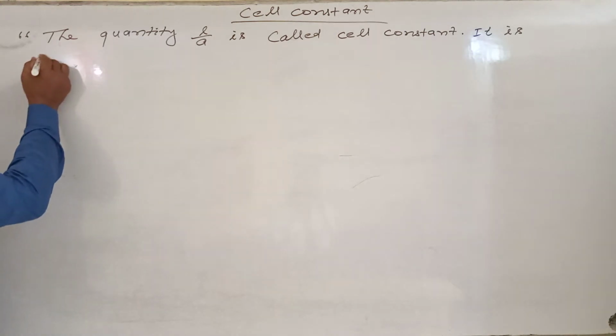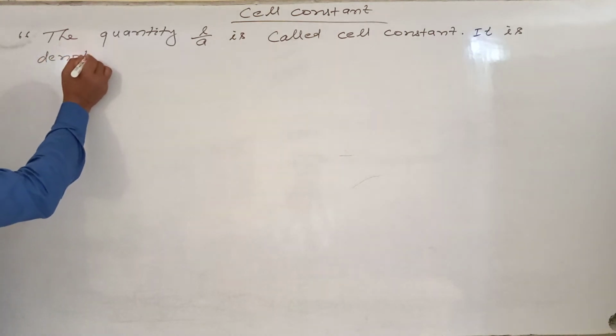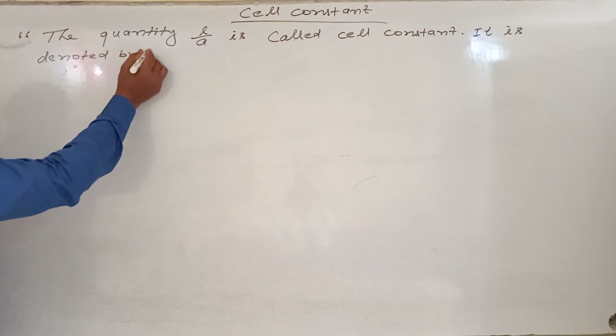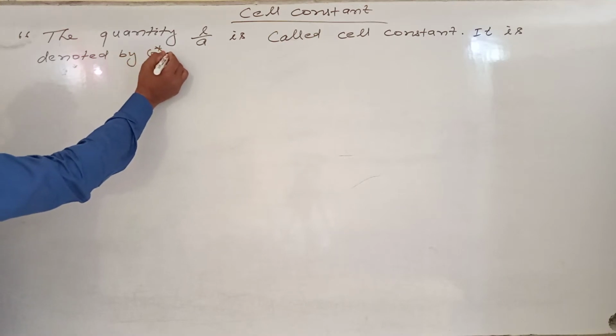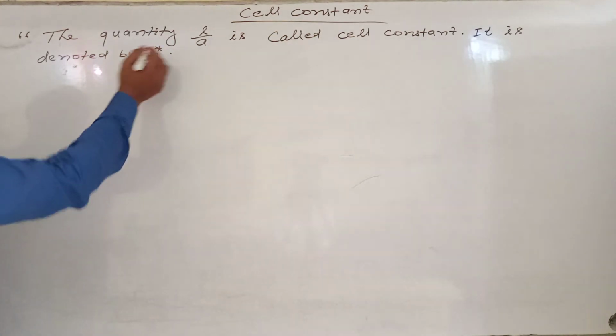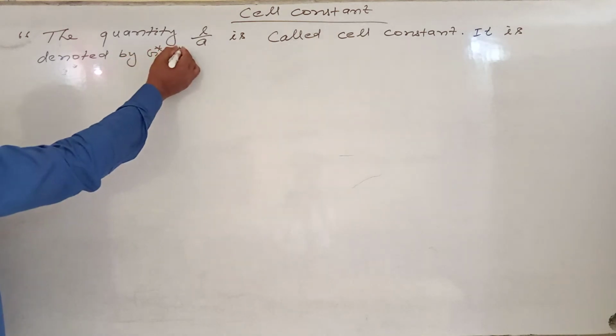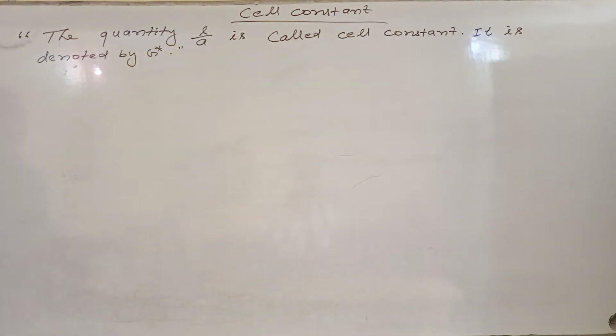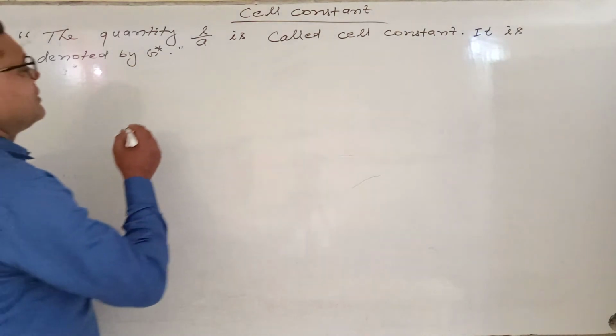It is denoted by G star. We write the definition of cell constant: the quantity L by A is called cell constant. It is denoted by G star.